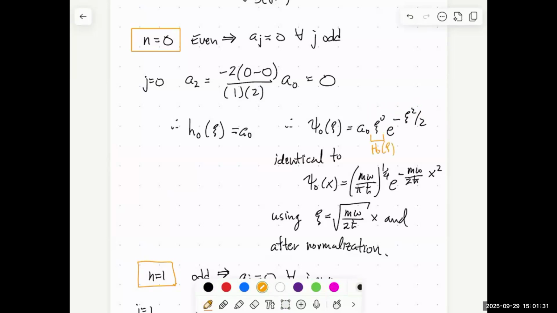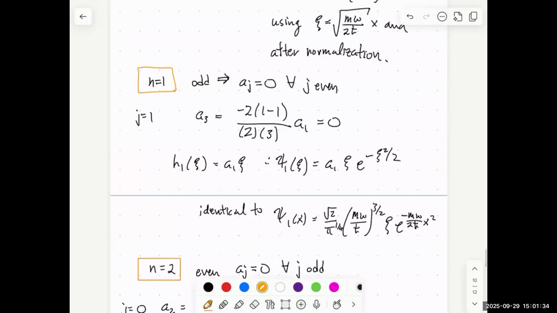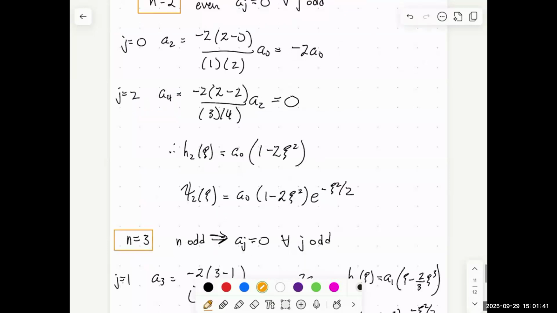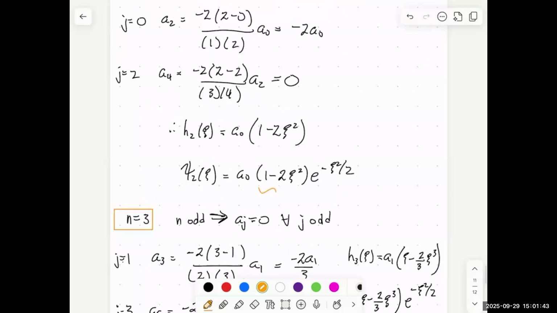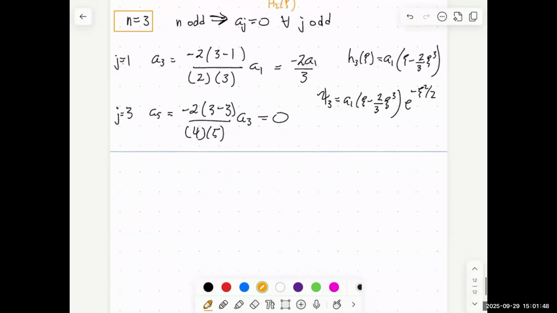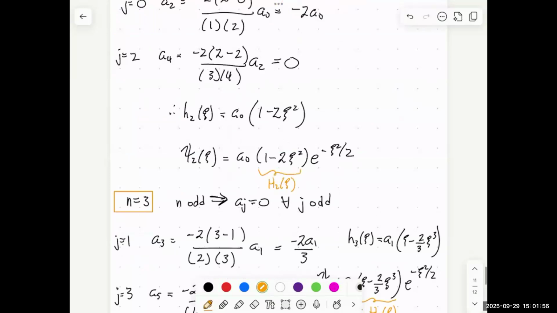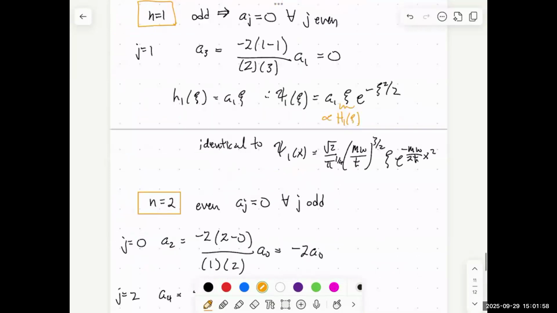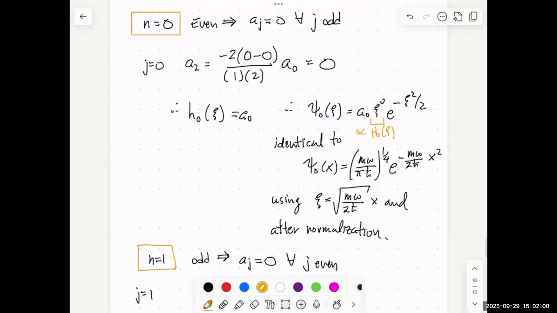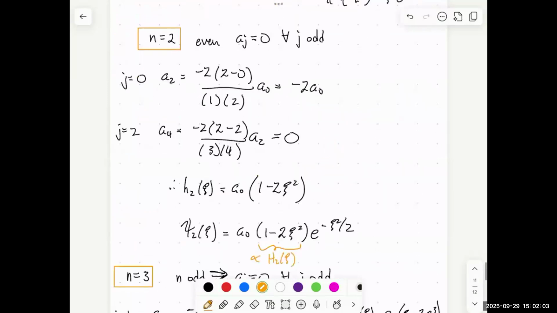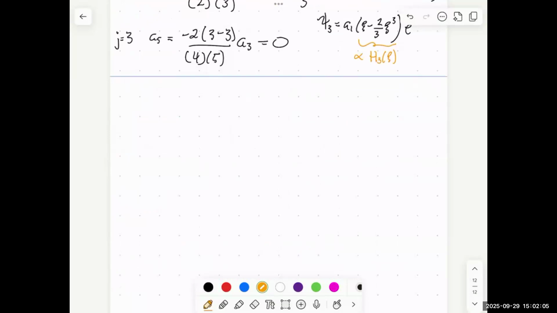Then we go to n equals 1. This is h1 of z. And then when we go to n equals 2, this is h2 of z. And here's h3 of z. In fact, I should be careful. These are proportional. They're not exactly the way the polynomials are defined. Let me say they're all proportional.